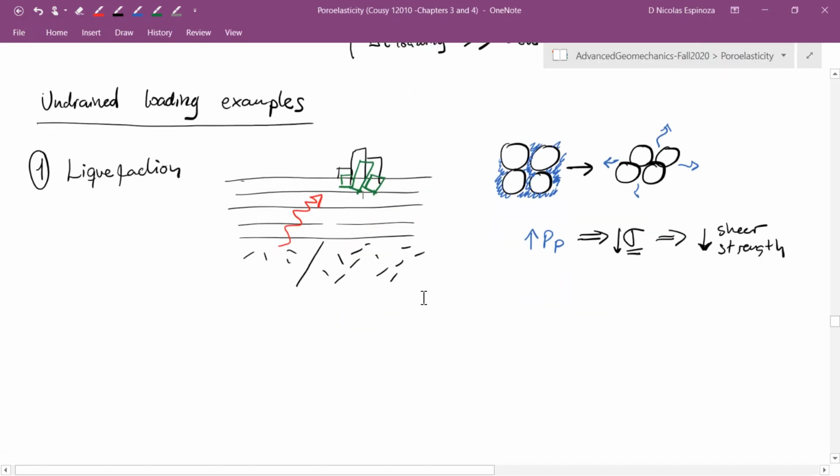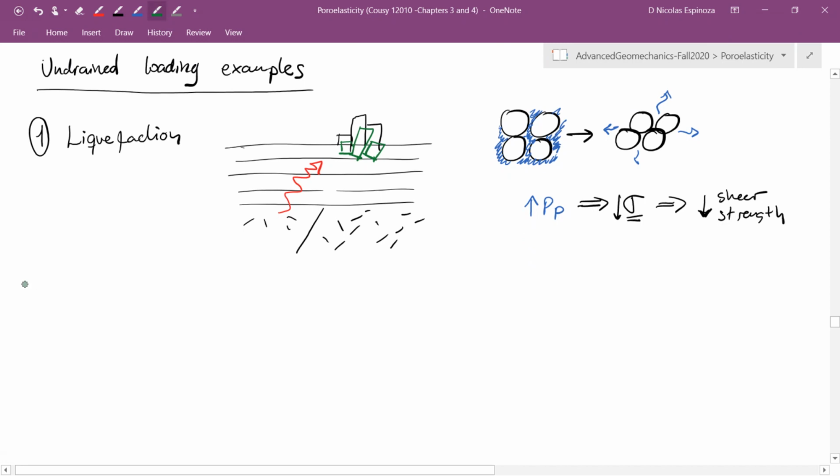Example number 2. Example number 2 is about what is called disequilibrium compaction.